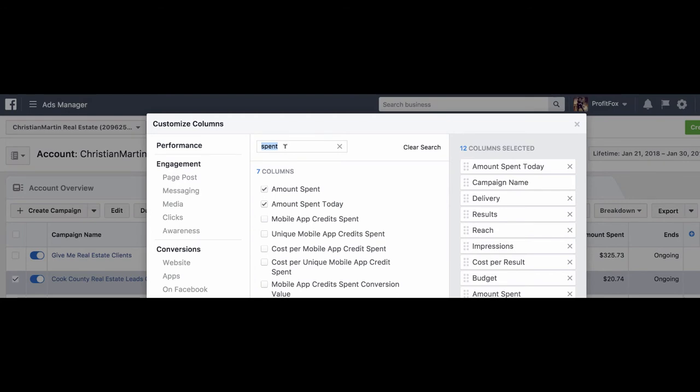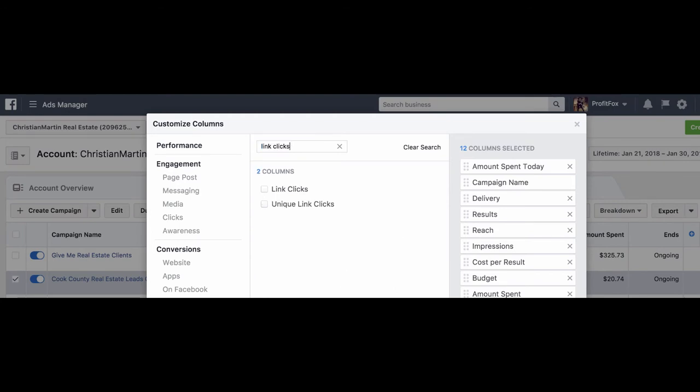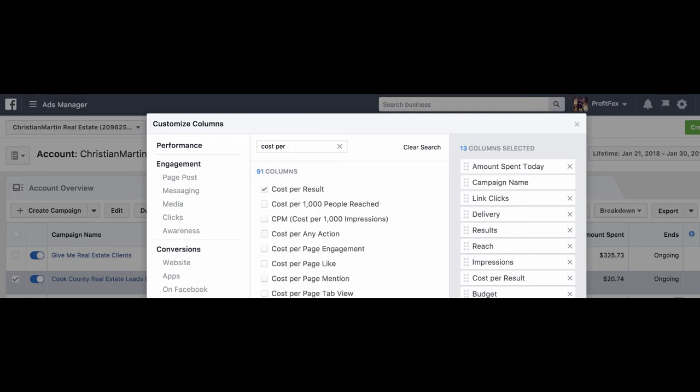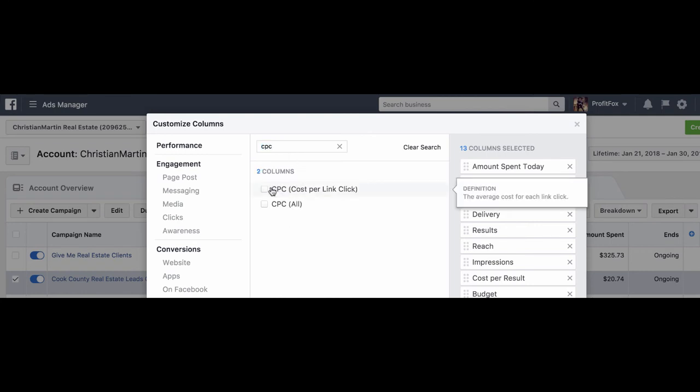We're going to do link clicks. And then on the right hand side, you can rearrange these. Cost per click, we want that, remember? Cost per link click in particular.